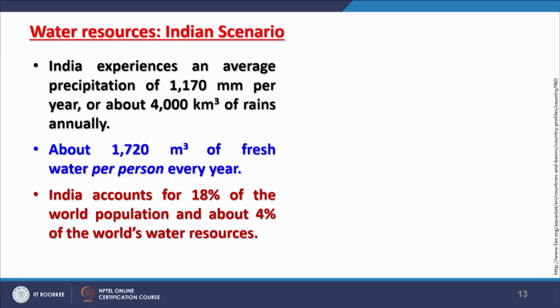So, 18% of the world's population, and the water available from the world reference is just 4%. So, this gap can be filled. I am saying this gap can be filled if we do better management of water and especially groundwater.